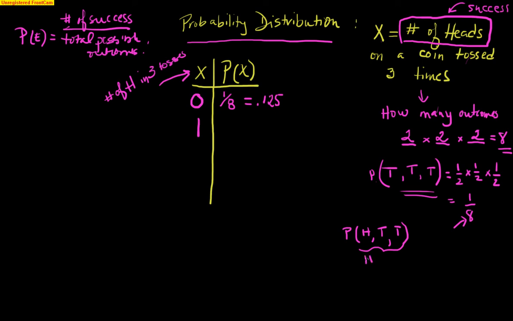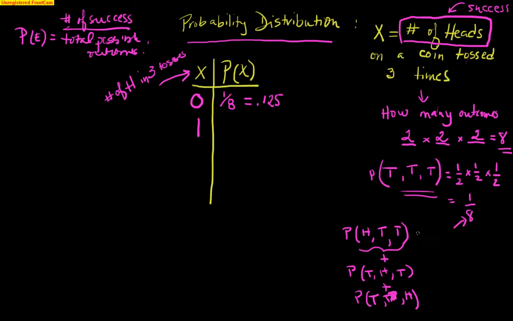So just quickly listing them, plus the probability of a tail and then a head and then another tail. And the third thing that could happen is one tail, then another tail, and the head comes last. Those are the only 3 outcomes for getting 2 tails and 1 head, or in other words, 1 success.